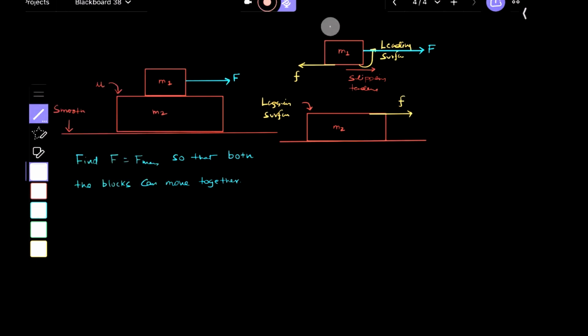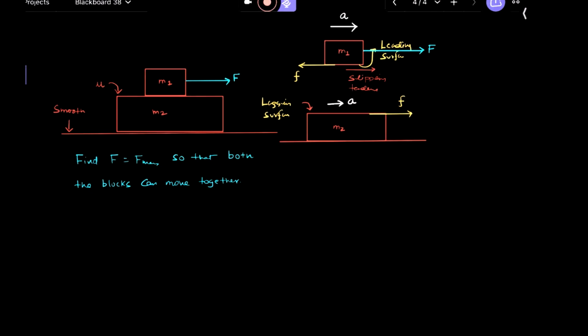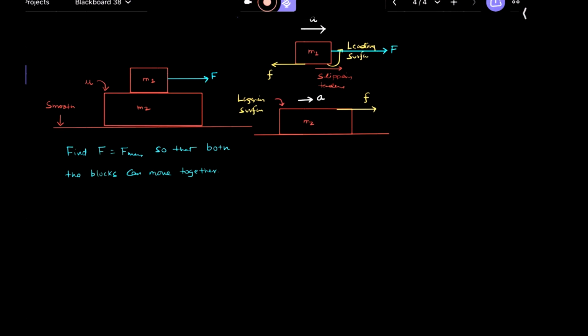So what we have is M1 is going to have the same acceleration, suppose A, and M2 is also going to have acceleration A. So if I write the force equations for M1 and M2, the net force acting on M1 in the leftward direction is F minus... Now before that, why have I taken the friction force to be unknown here as small f? Because I am considering M1 and M2 moving together.